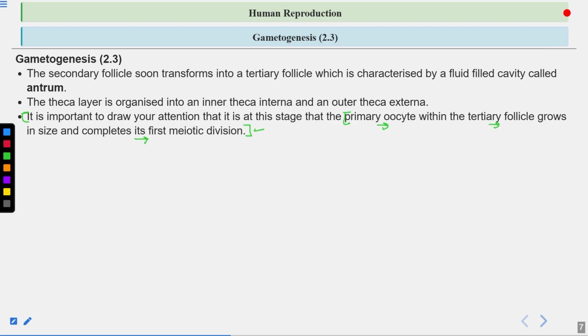Okay. So again, a question can come from here. When does the primary oocyte complete its first meiotic division? They are talking about meiosis 1. So when the primary oocyte is present within the tertiary follicle, it completes its first meiotic division, meaning meiosis 1.